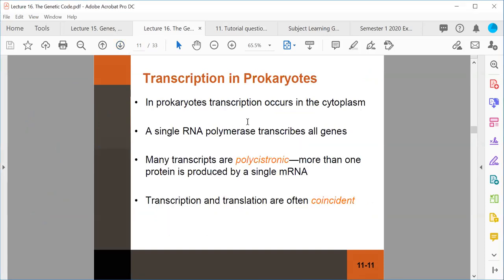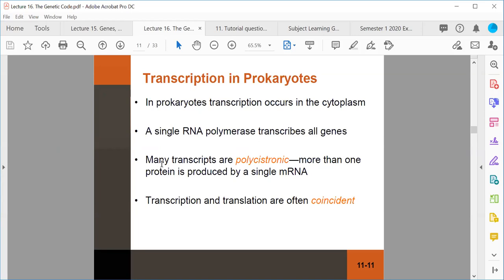All right, very briefly, a few words about transcription in prokaryotes, such as bacteria. As you saw earlier, in prokaryotes, transcription occurs in the cytosol, not in a nucleus, because of course these organisms lack nuclei. They only have a single type of RNA polymerase that transcribes all types of genes.